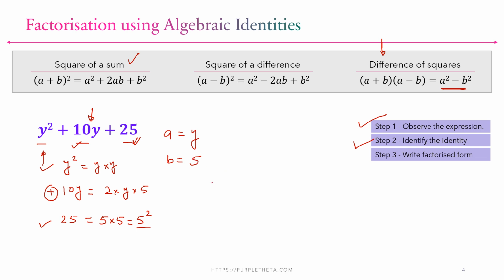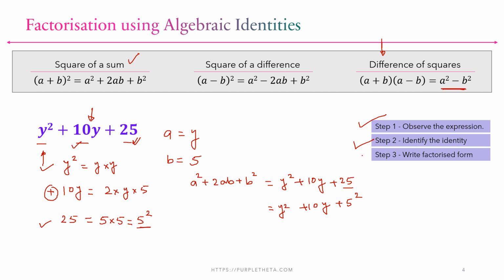I will write it down: y square, our expression, plus 10y plus 25. Both have a similar format. Or 25 I can write as 5 square, so this is y square plus 10y plus 5 square, right?